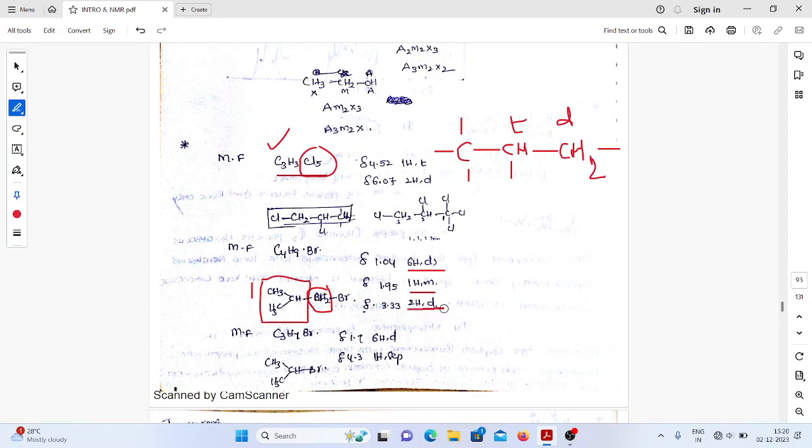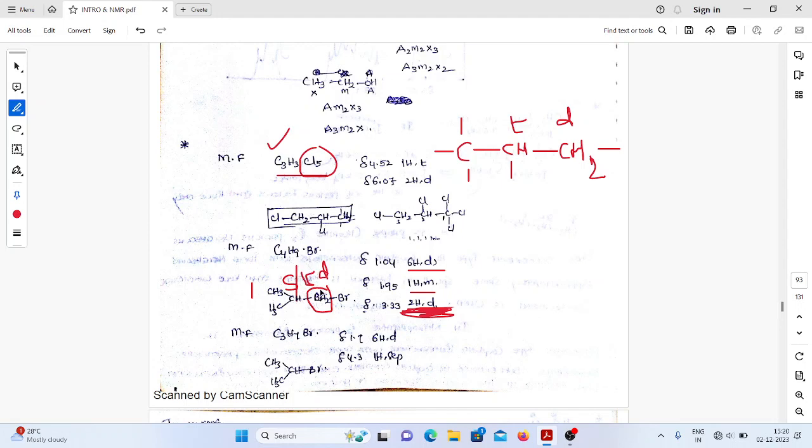But adjacent you have what? CH2. One more, 2 proton doublet. 2 proton doublet means adjacent you should have only 1 proton. So CH2. So this proton is giving a doublet to this one. Now these 2 protons are giving a triplet. So the 6 protons are giving a septet and the 2 protons are giving a triplet.